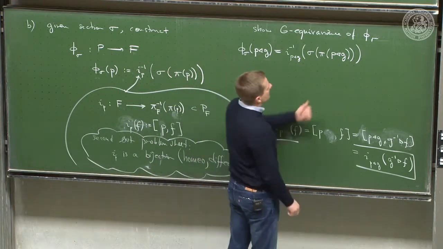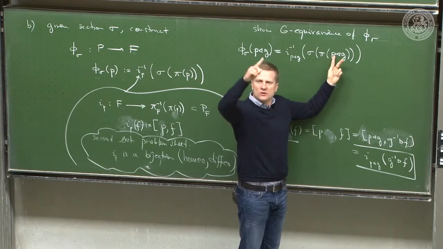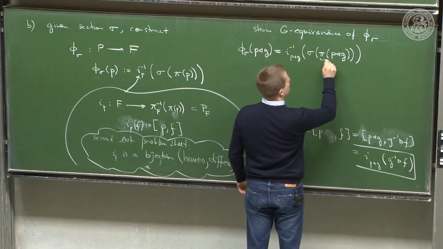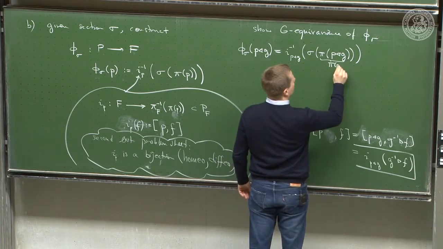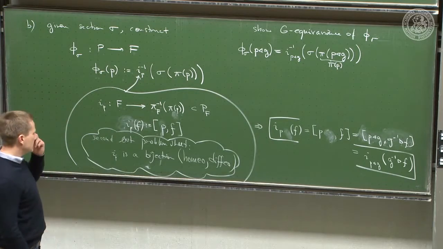Now, the first insight is that if I'm in a principal bundle and act with the G from the right, I do not change the fiber where I am. I stay within the fiber. So this guy is pi of P. Nothing changes in here.